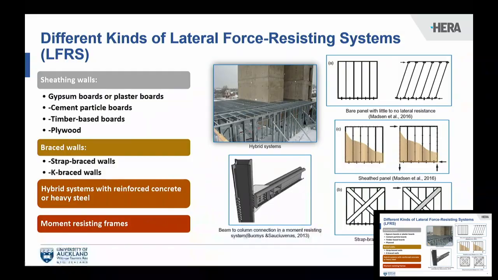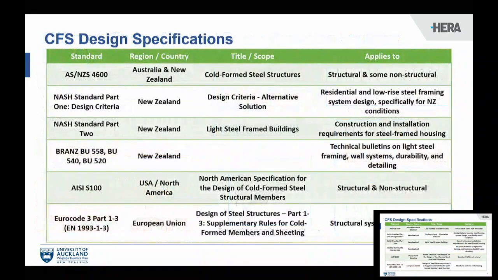On the brace side, we have strap brace walls and K-brace walls, which are diagonal members that can direct the loads to the foundation. We also have hybrid systems, where the cold form steel can combine with reinforced concrete or heavy steel. And lastly, we have moment resisting systems, where the connections can provide enough lateral restraint against the lateral loads without needing any other system like sheeting walls or brace walls.